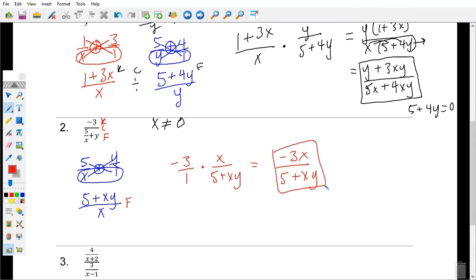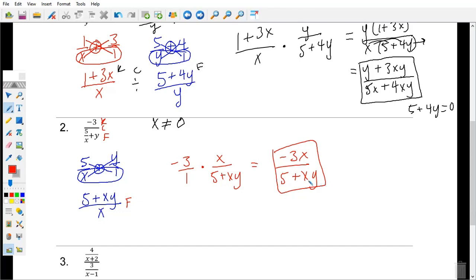And Z brought up a good question: does that mean y cannot equal 0? If x or y equaled 0, would it affect the 5? It wouldn't, because I would still have the 5 standing. So whether x and y are 0, it doesn't affect this. That's why y doesn't have any restriction, because it wouldn't have any impact.